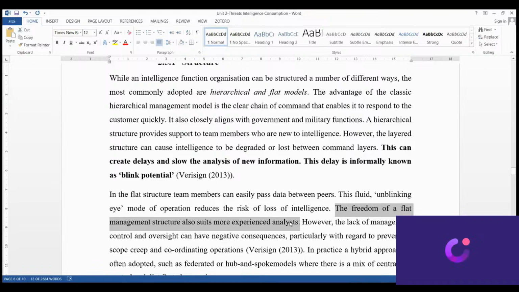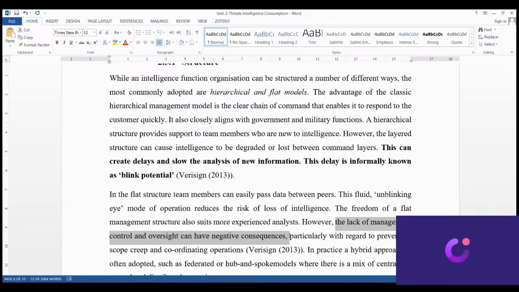Meaning for you to apply this model, where you use the flat aspect, you must have wide experience, because there is no management control or oversight when you are applying this model.